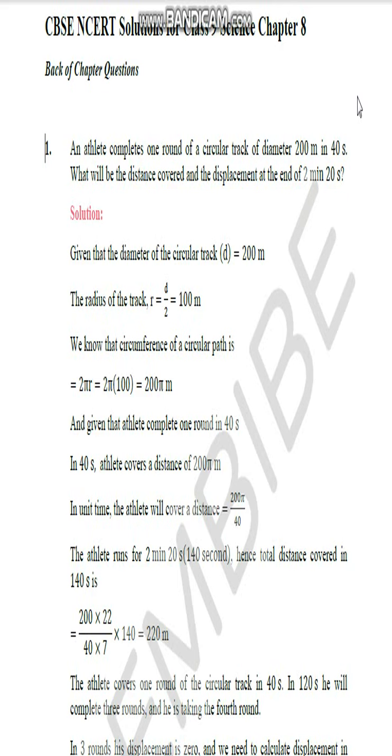I'll put the value of r here, only r, not pi, because I'll put the value of pi in the later equation, since if I put it here it will come into decimal values. So I will keep that as 200 pi meters. Now we know that the athlete covers one round in 40 seconds.